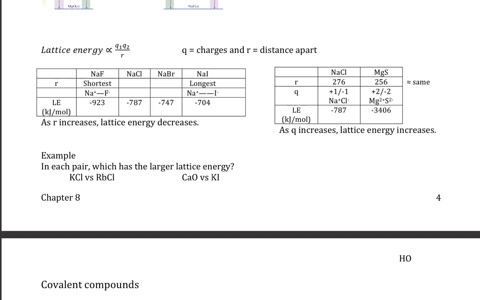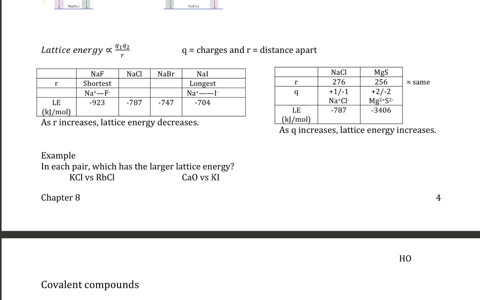And if we have +1, -1, we don't have as big a lattice energy value, because there is less attraction between plus and minus than there is between +2 and -2. So we see a huge difference in the lattice energy between the MgS compound and the NaCl compound.